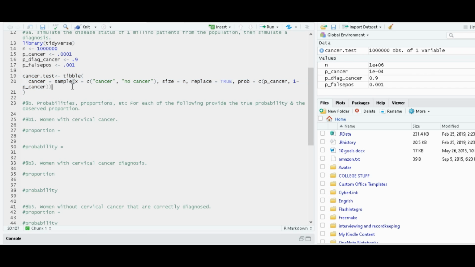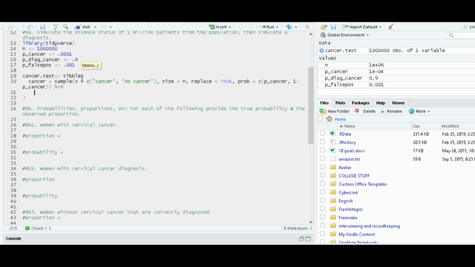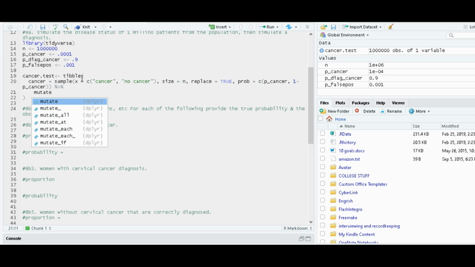Fancy that. Now that we have created a simulation of our people with cancer, now we're going to simulate a diagnosis. So we're going to add to this data frame with the mutate function, and we're going to create our second variable, which is the diagnosis.